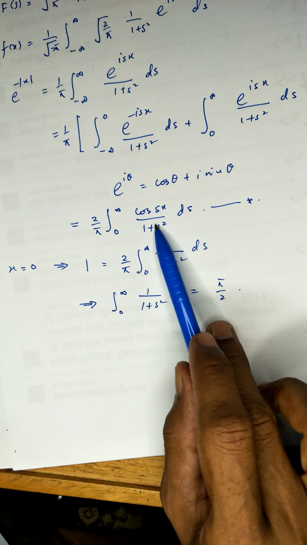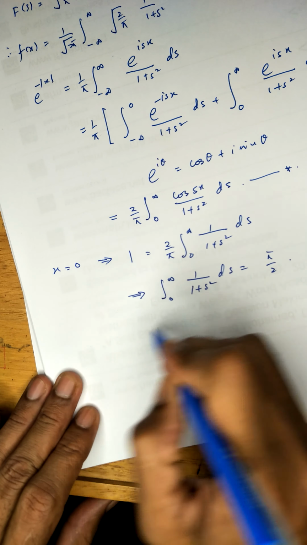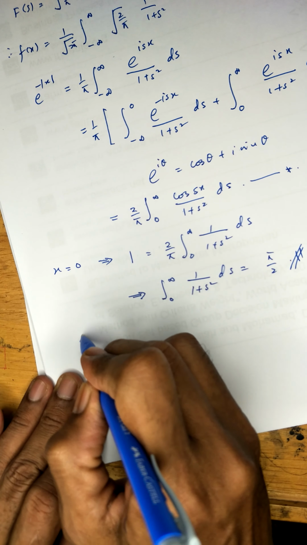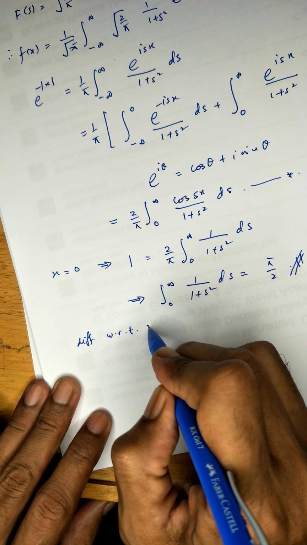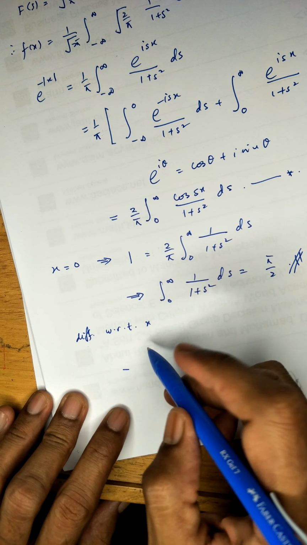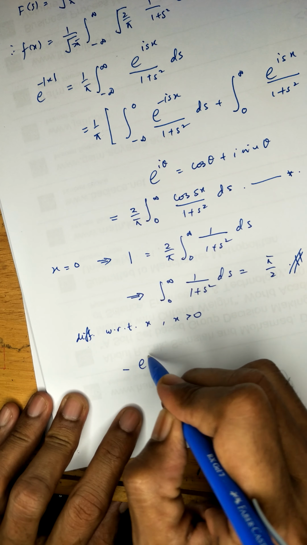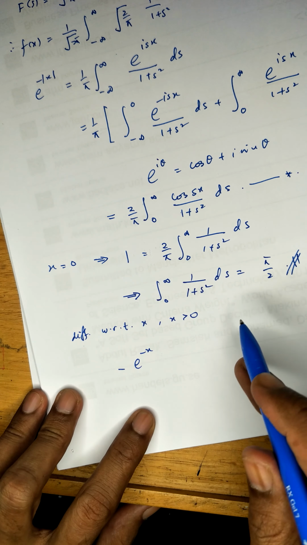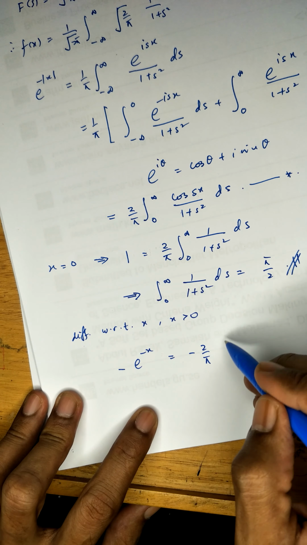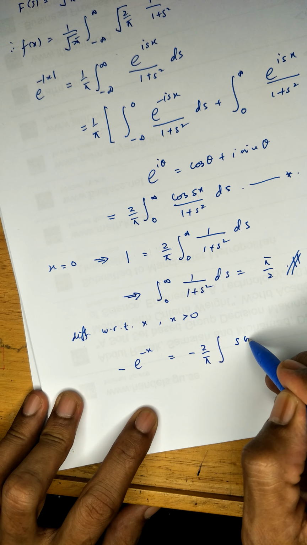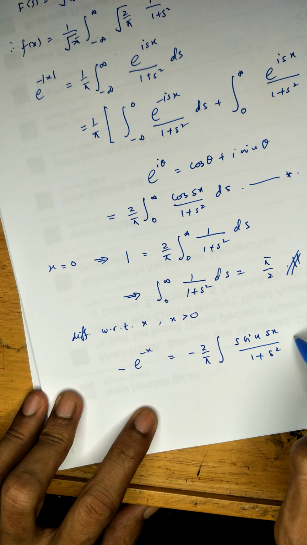If you differentiate both sides with respect to x, considering x positive, then we have e to the minus x equal to negative 2 over pi, the integral of s sin sx over 1 plus s squared ds.